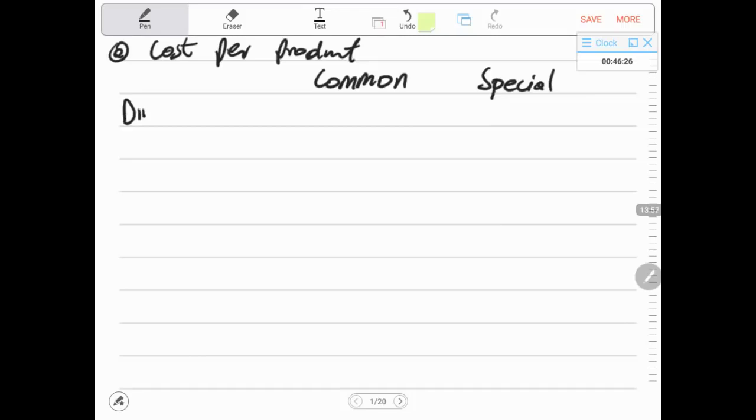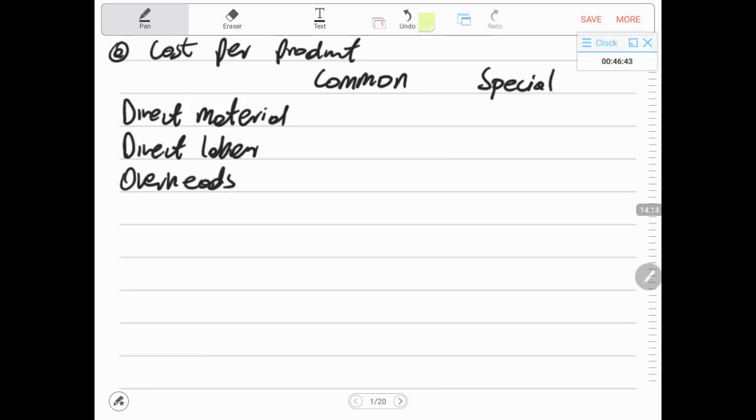We have direct material, we also have direct labor, then we have our overheads. We don't split our overheads according to the activities. No, we leave them as they are, because this is the traditional approach.